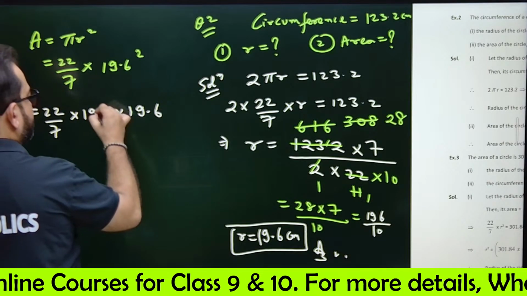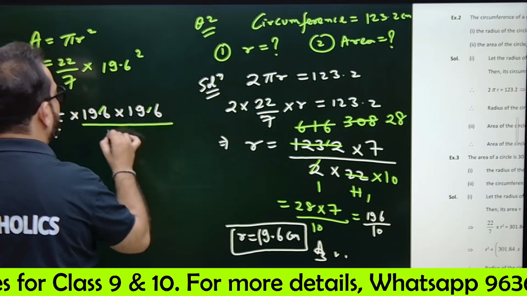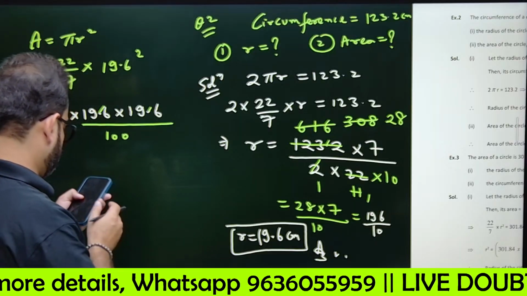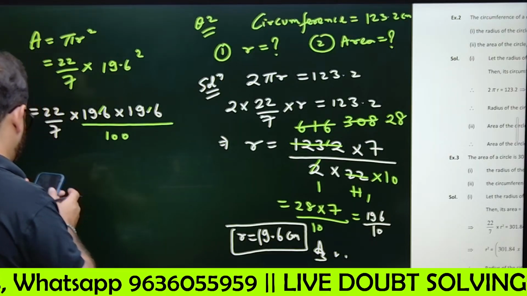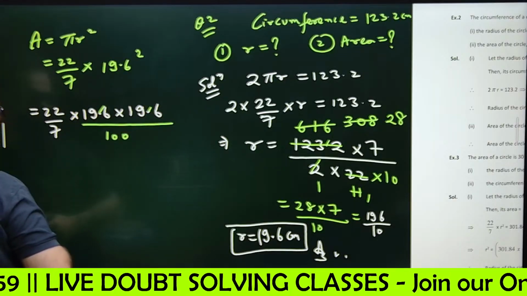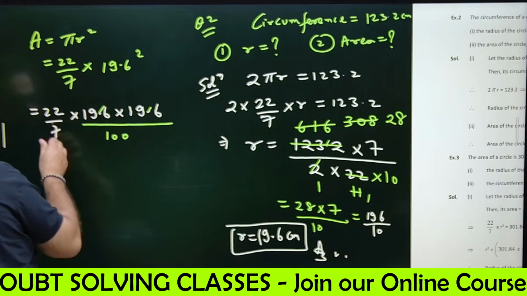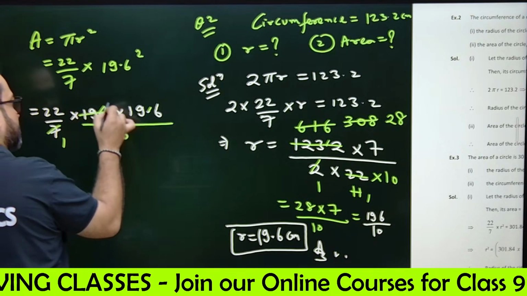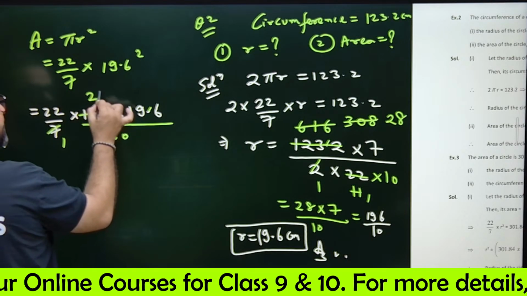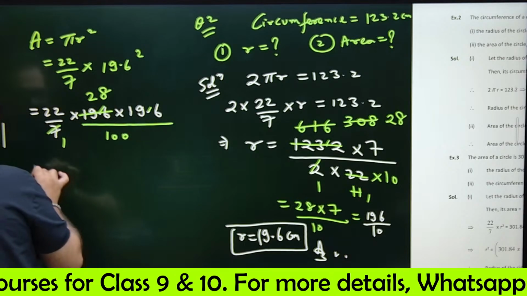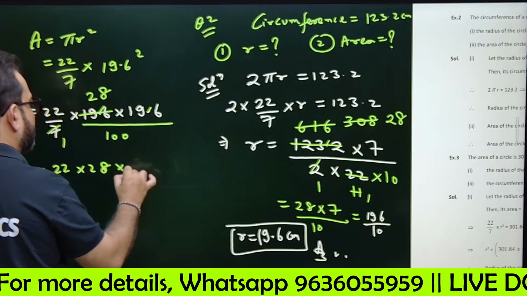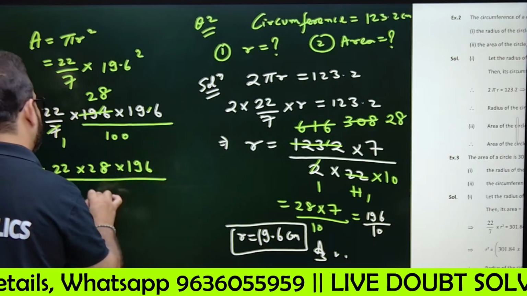The decimal points will vanish and the denominator will be 100. Now you cancel 196 by this 7. 7 ones are 7, 7 twos are 14, 7 eights are 56. So it came out to be 22 into 28 into 196 upon 100.